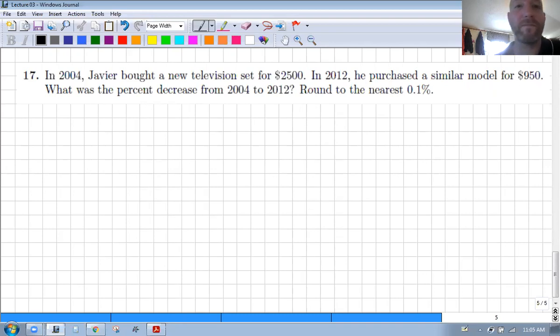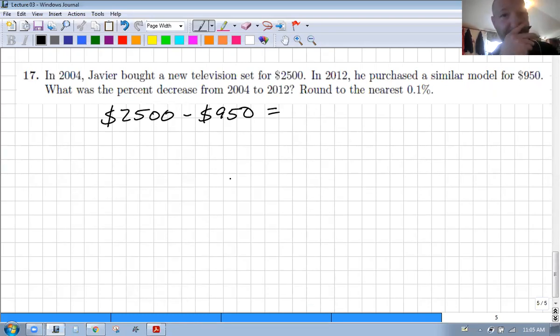Well, let's see. Percent decrease. Well, it went from what? Went from 2,500 to 950. So what kind of a price drop is that? $2,500 minus 950.